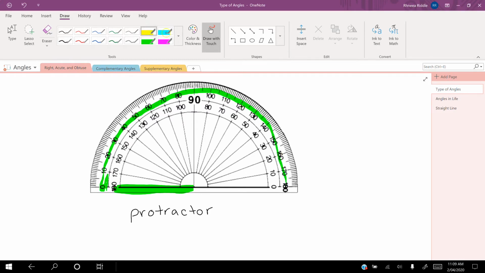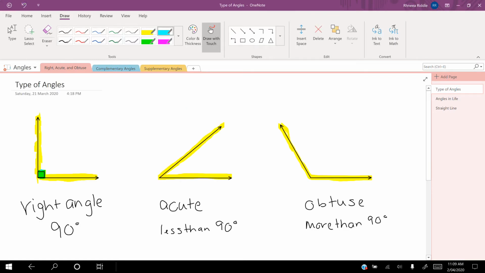But if the base of the angle is pointing this way to the right, you're going to use these inner numbers. So again, it can be a little tricky in using and remembering, but you'll go over that later on when you're in person in class. Usually as you go up in grades, we tend to review it every single time.